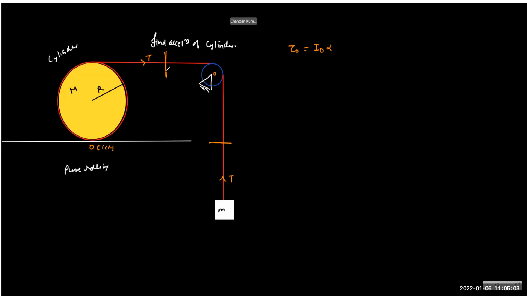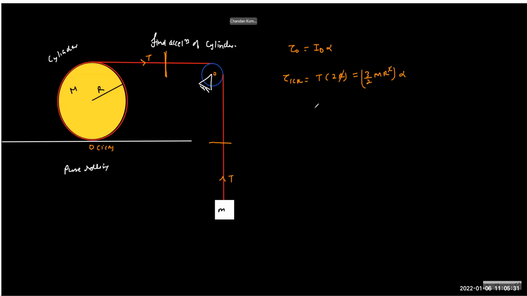You can solve this part separately by finding the torque about ICR directly. So torque about ICR is how much? T into 2R, and this equals the moment of inertia about the bottom, which is 3 by 2 mr square, into alpha, and we are done.